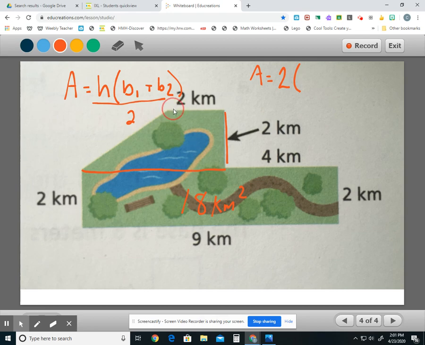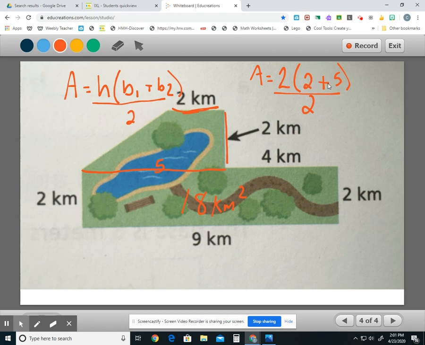So base 1's easy, it's 2 kilometers, right? Base 2 is a little harder because they don't give me that measurement, but I can figure it out. If this whole thing is 9 and this part is 4, this must be 5, because 5 plus 4 is 9. Okay, so I know my base 1 is 2 plus my base 2, which is 5, and then I would divide the whole thing by 2.